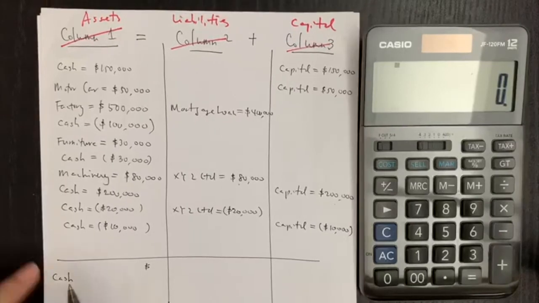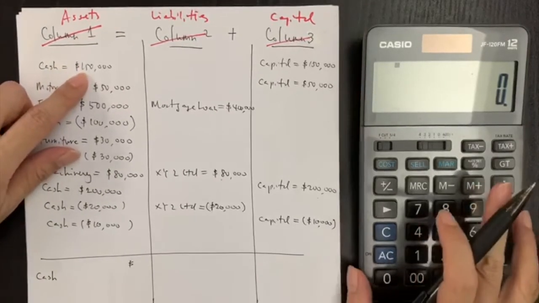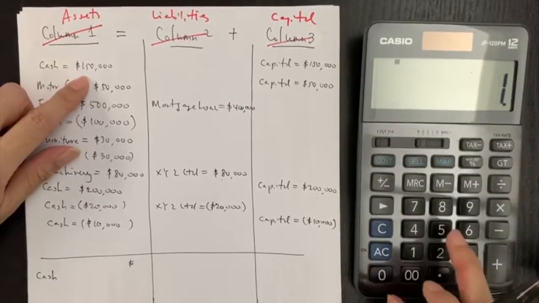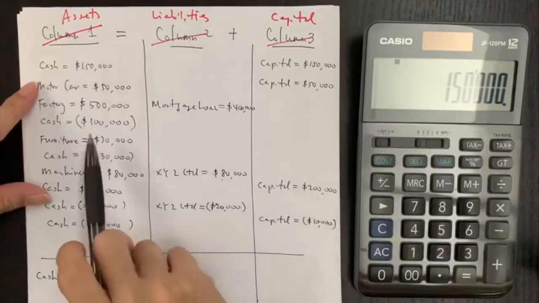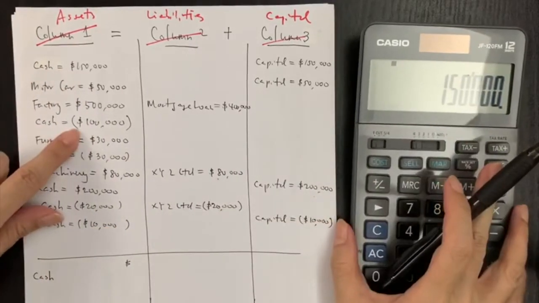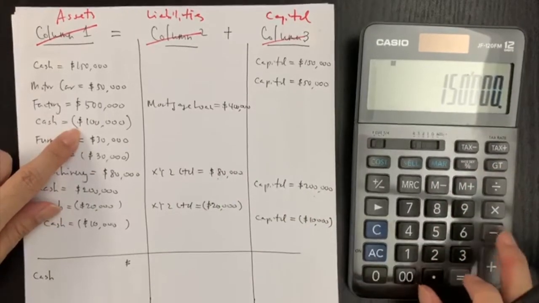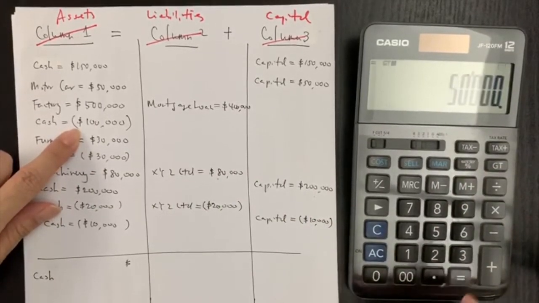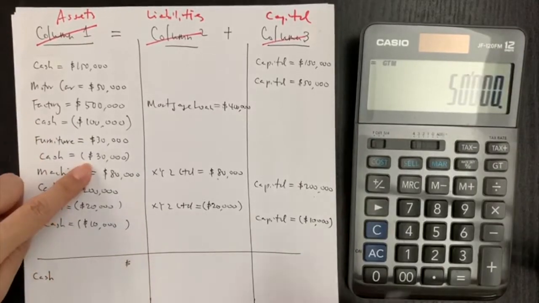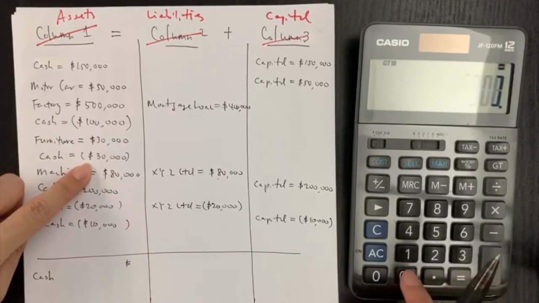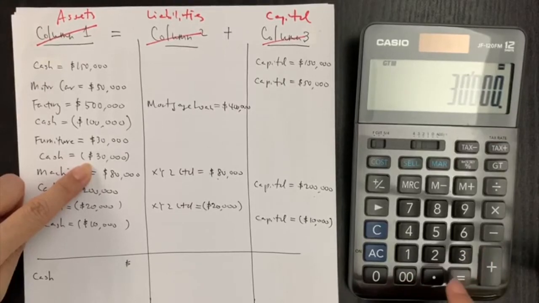So we have cash here, so this is cash. So I start with, this is my calculator, I start with 150,000, right? And then any cash here. Here I also have cash with a bracket, that means going down, so minus 100,000. Let's check what else, cash. So here we also have cash, so going down to minus this 30,000.